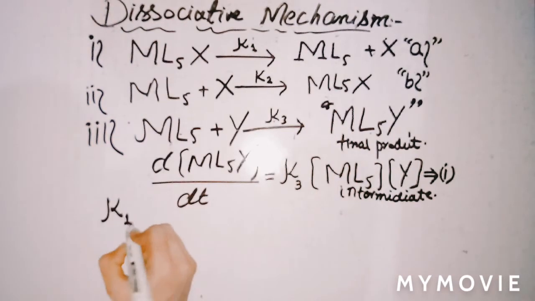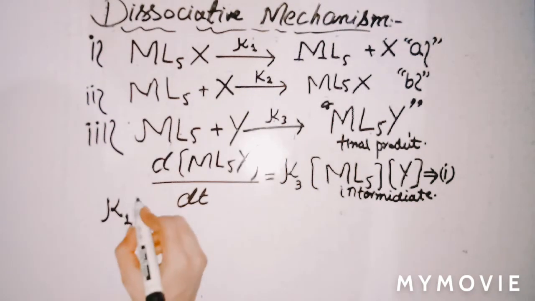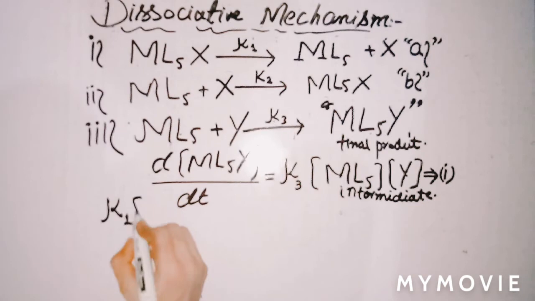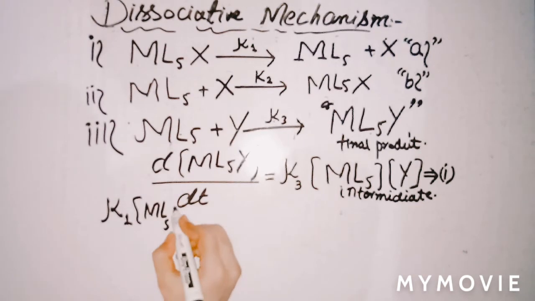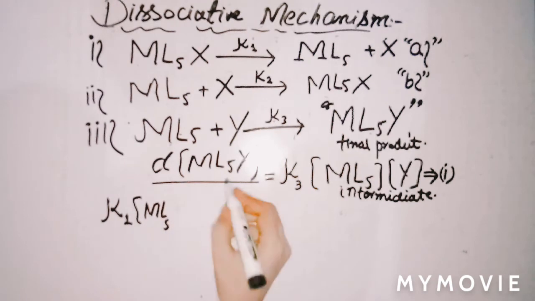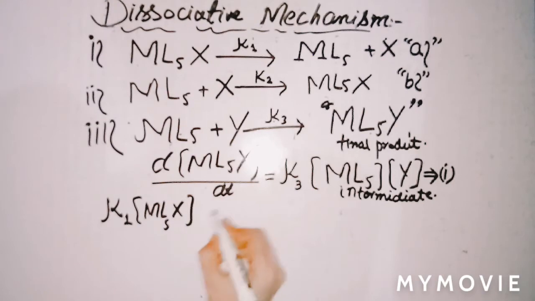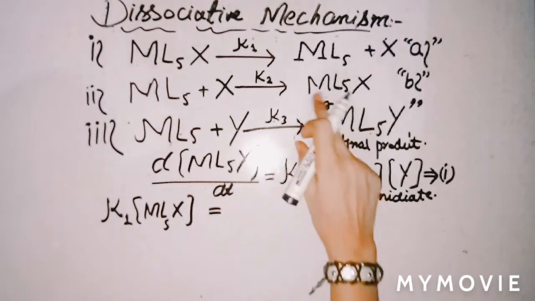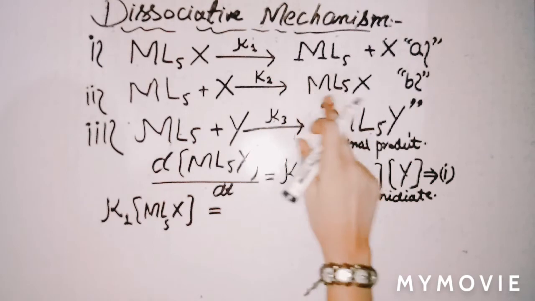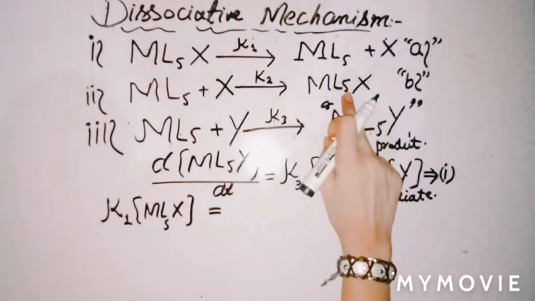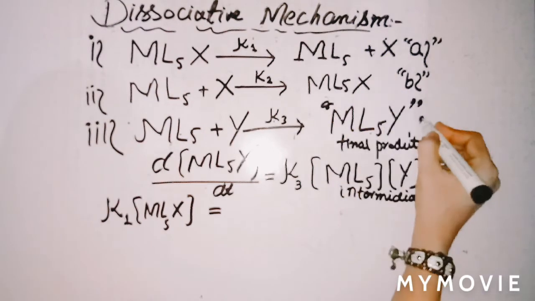So the rate of formation of the intermediate is equal to K1 times the concentration of ML5X, which will be equal to the rate of decomposition of the intermediate. The intermediate is decomposed in equation B and also equation C.